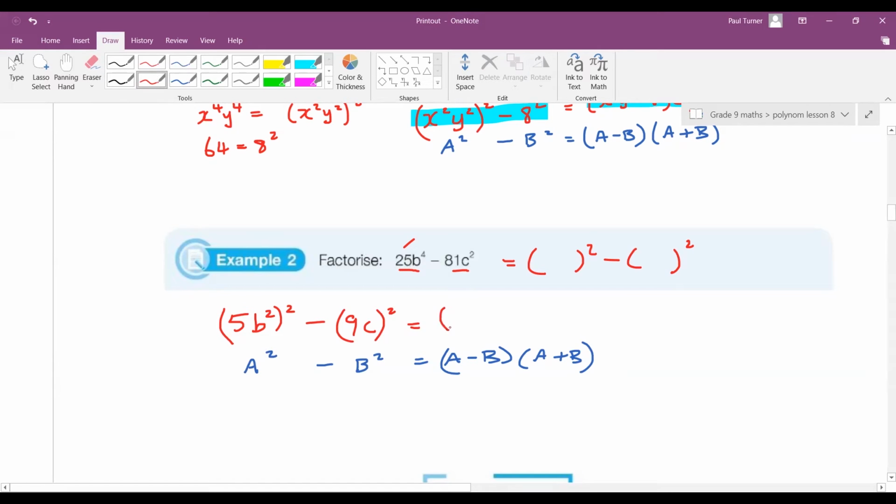So then we have 5b squared minus 9c, 5b squared plus 9c, like that. So that would be your answer there. Those are your factors. So not really that hard. The only trick is changing it to this form here.